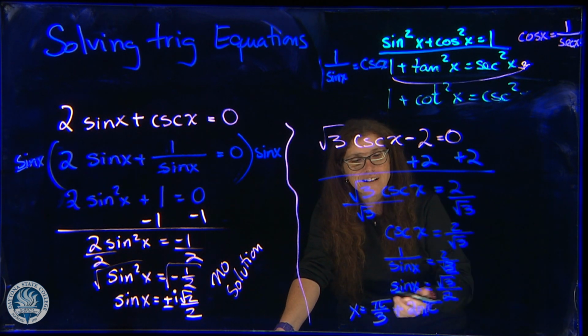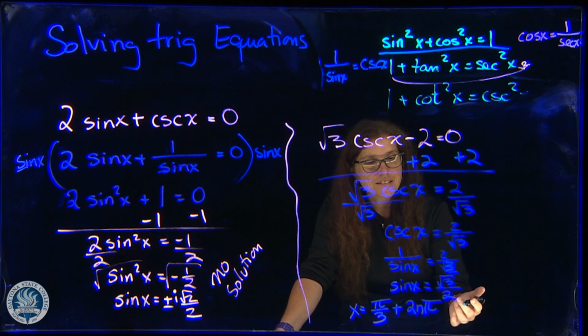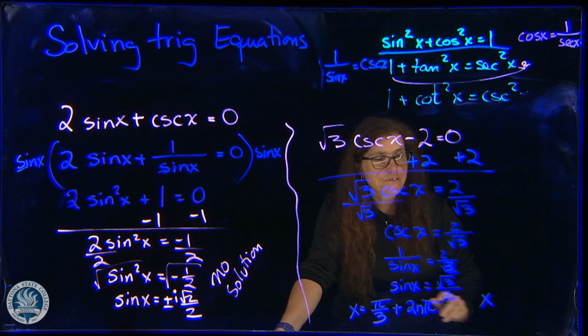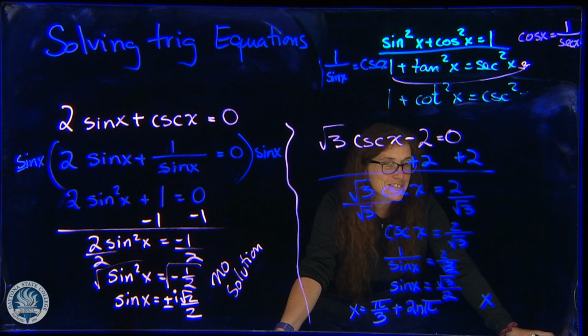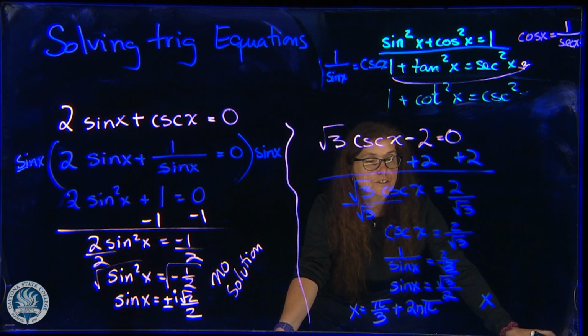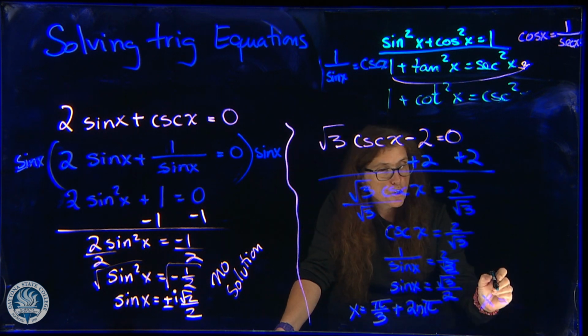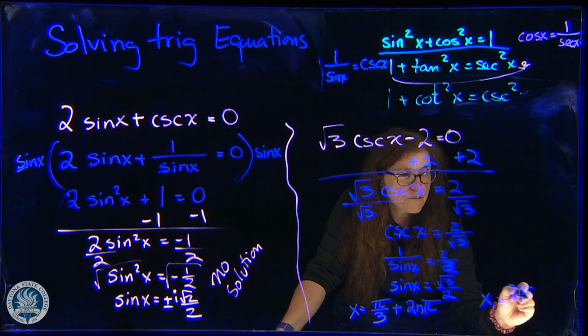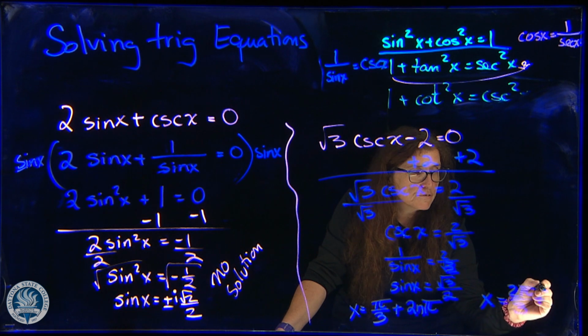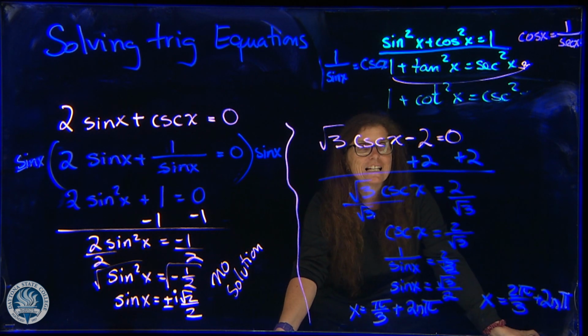Now for which other angle is the sine also square root of 3 over 2? It's positive, so that would be in quadrant 2. And in quadrant 2, the angle is 2 pi over 3, and we have to, of course, add 2n pi to it. That's how you find the solutions for trigonometric equations.